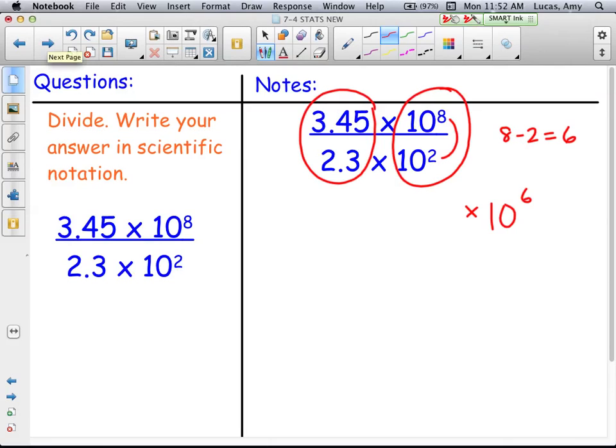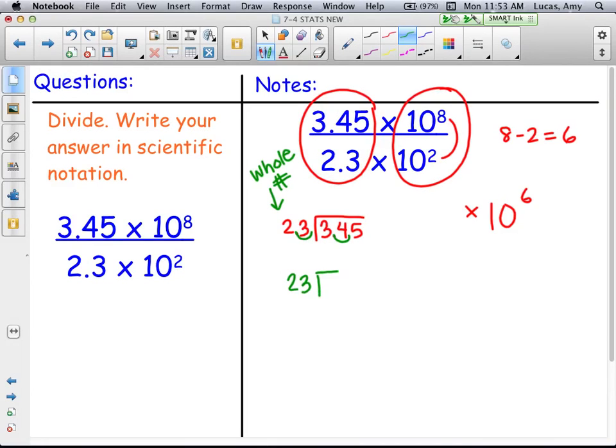Now, we need to divide 3.45 divided by 2.3. Please remember, when you're dividing, that you have to have a whole number on the outside of our garage here. So, if I'm going to make 2.3 a whole number, I'm going to move the decimal point 1 spot to the right so that it's 23, and that means I'm going to have to move the other one spot to the right.